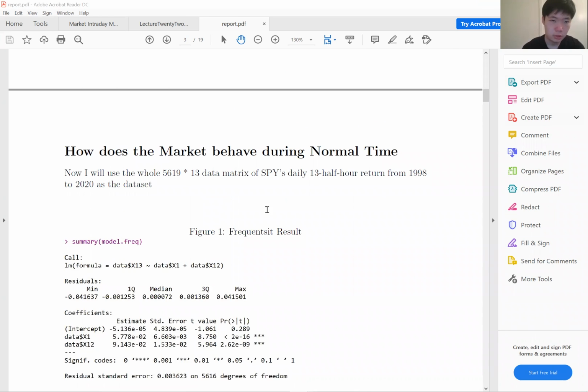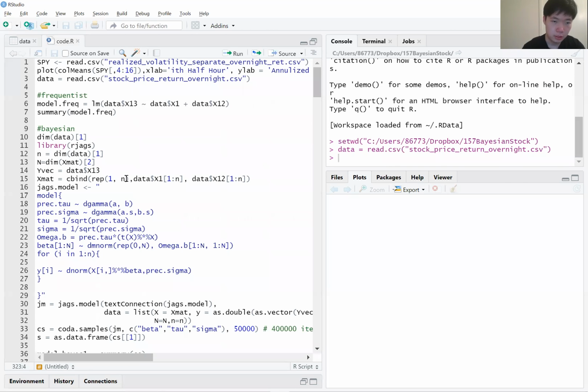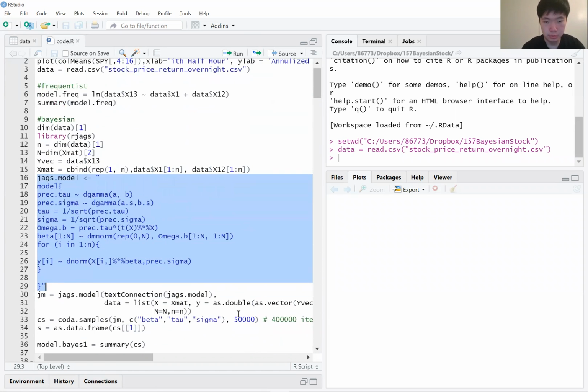So my code is this. This is my model. I fit it in RJAGS, with 50,000 iterations. So I obtained 50,000 samples from this MCMC sampling, and this will be the simulation of the true posterior distribution.